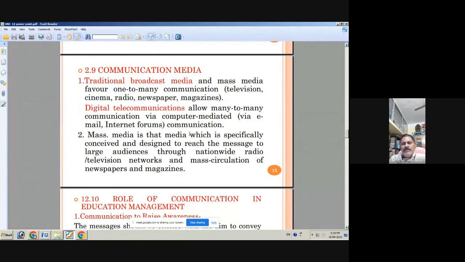Suppose when we are seeing a cinema in the cinema hall, we only have to see and enjoy, but we cannot react, and our reactions are not accepted by anybody. When we watch television, we only have to see the television and listen to what is going on, but our reactions will not be telecast there.